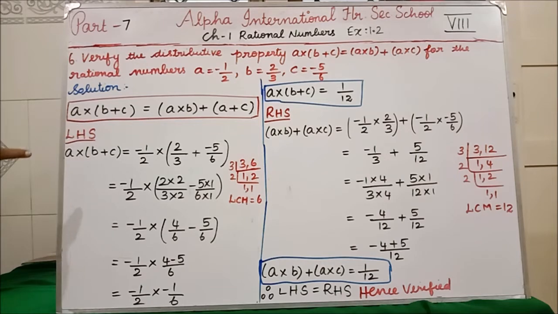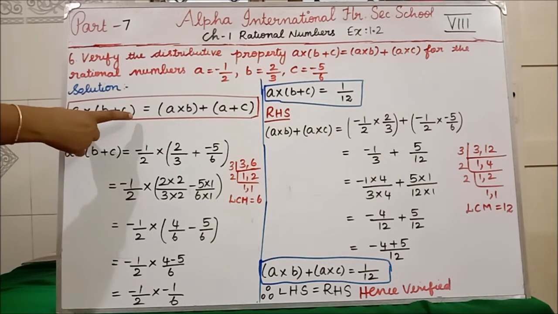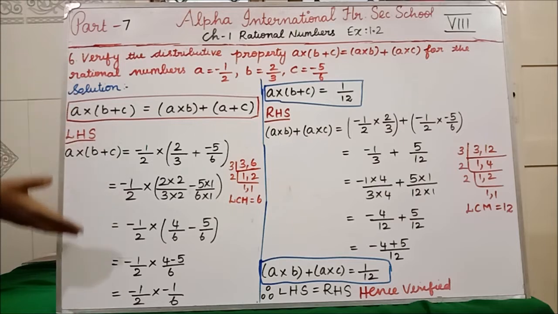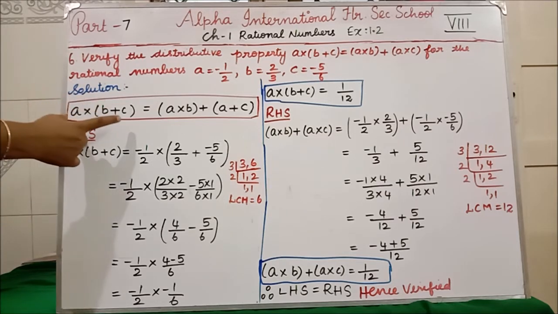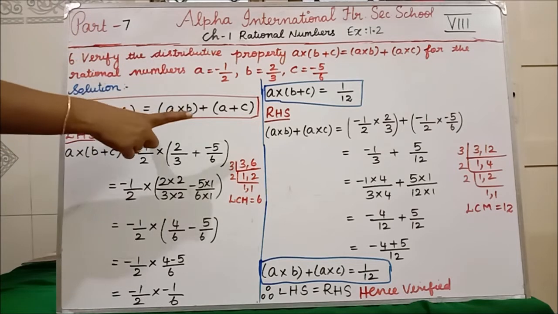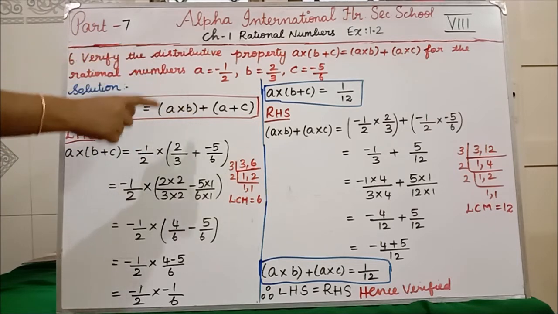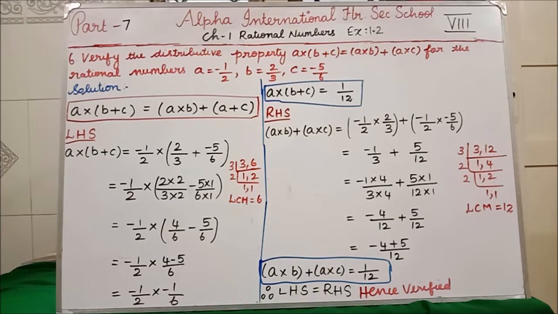So for LHS, first we are going to take this part separately and prove it. After finding the answer for LHS, next we will take the RHS part and find its answer. Then you have to compare whether the left hand side answer and the right hand side answer are the same.